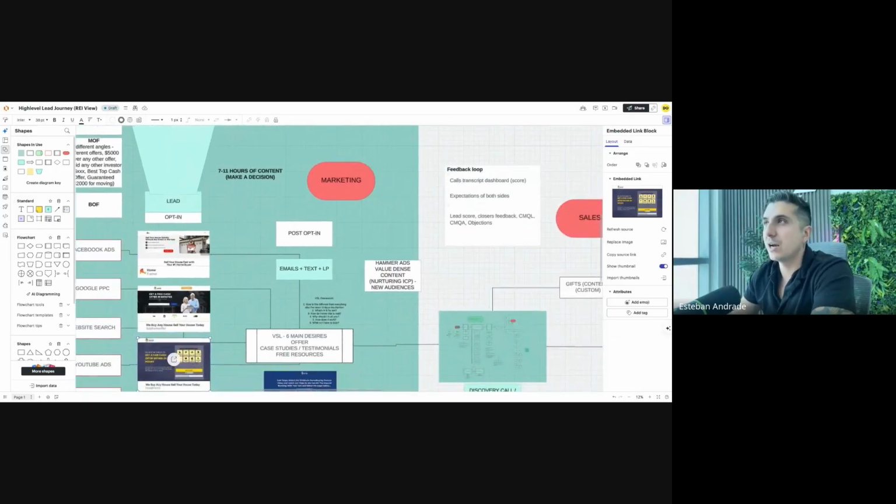Now, I'll give you guys an example in here. I'm going to show you guys a spreadsheet of lead scoring, appointment rating, lead scoring mechanism. Boom. All right.